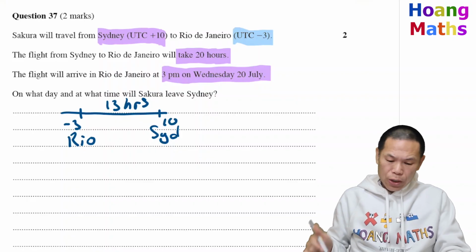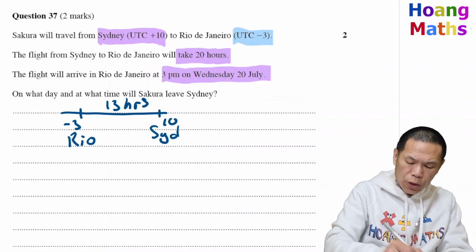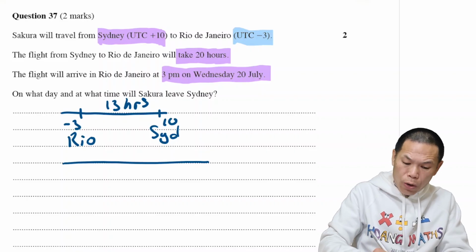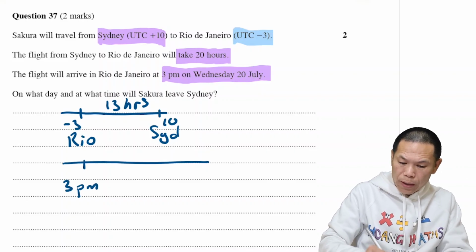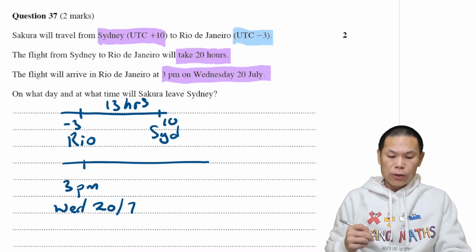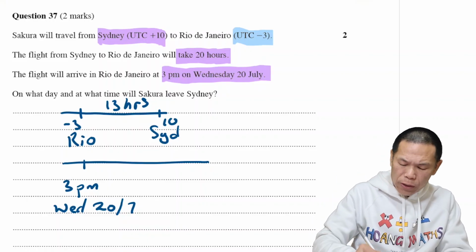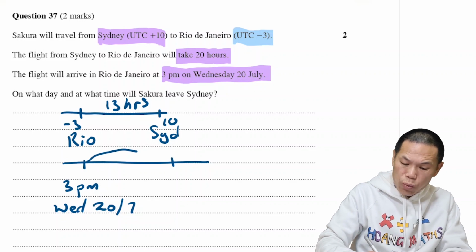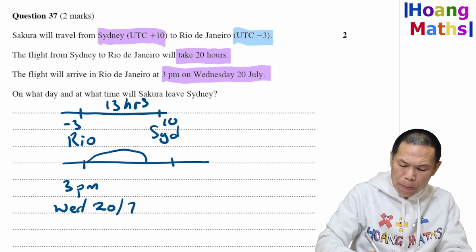Let me draw another timeline. Rio is here, 3 p.m. Wednesday, 20th of July. We need to add 13 hours because Sydney is ahead. Imagine if we add 12 hours, that gives me 3 a.m.